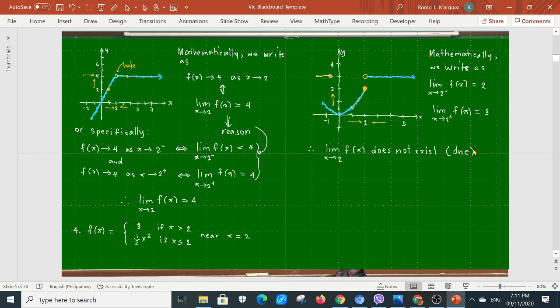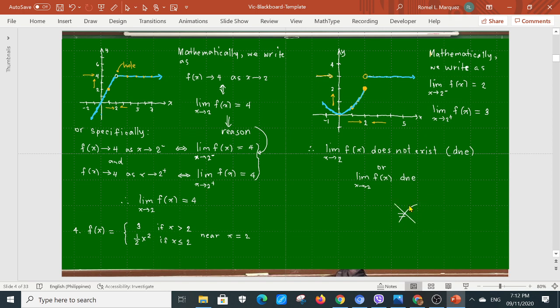Again, how are we going to denote our phrase does not exist? DNE. Or we write: the limit as x approaches 2 of f of x does not exist. Do not put equal, ha? If you put equal, wrong.